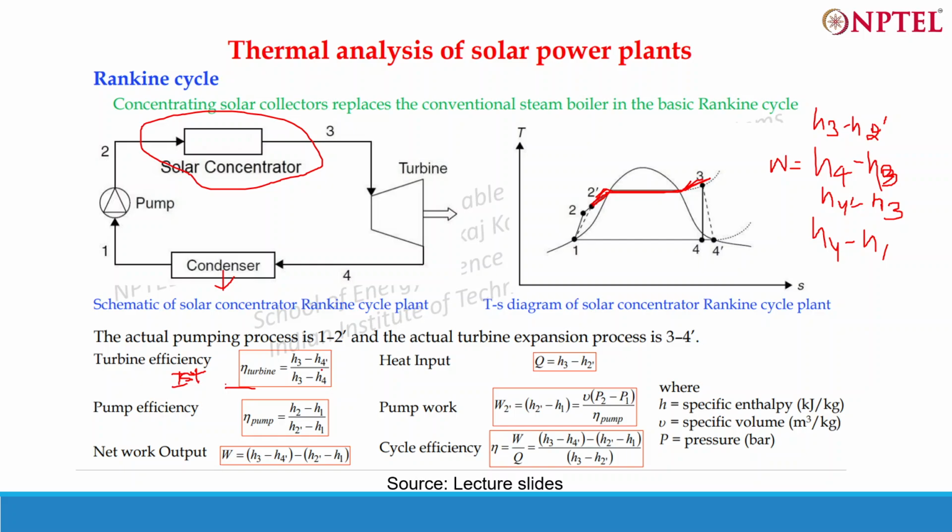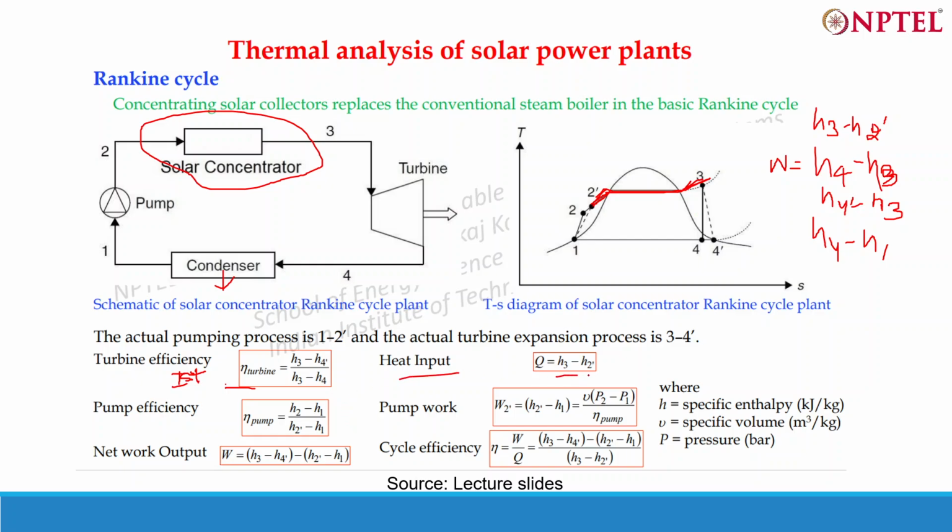Now the problem is that we have turbine efficiency, we have pump efficiency, we have net work output, that is H3 minus H4 dash minus H2 dash minus H1, that is, pump work is subtracted from the turbine work, that is net work output.